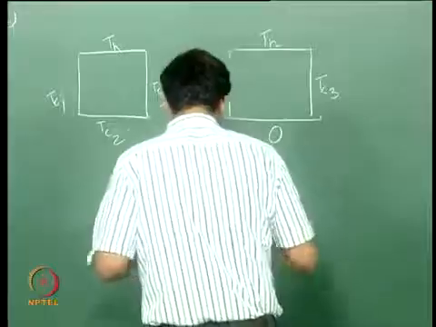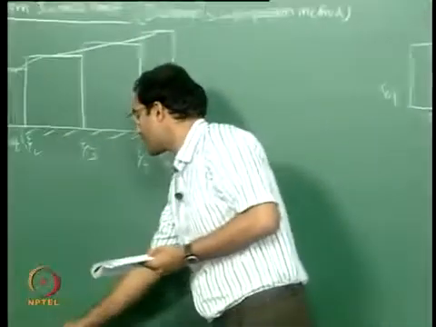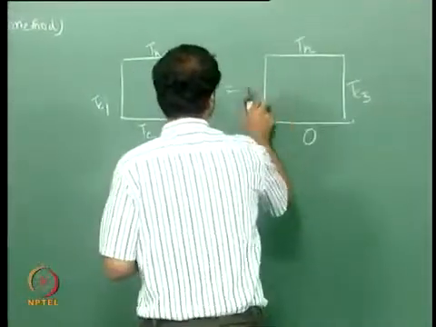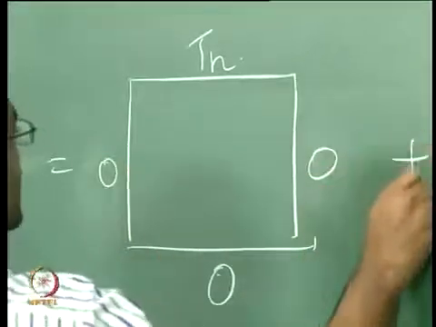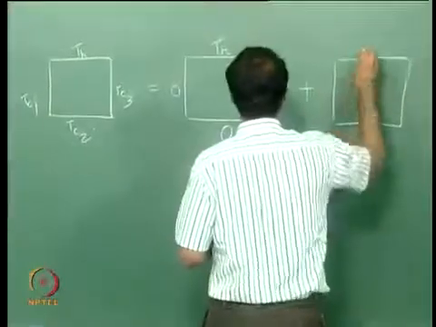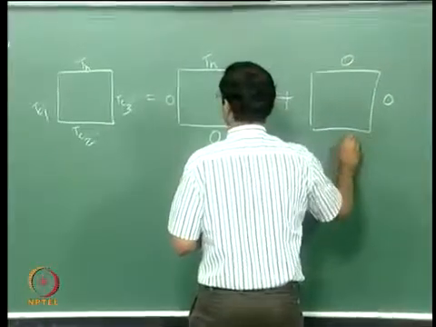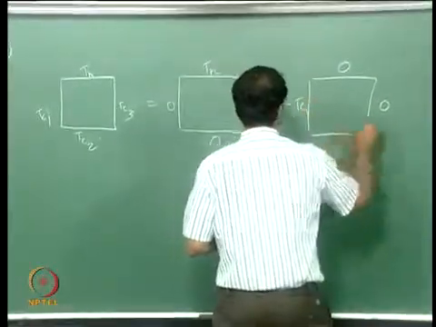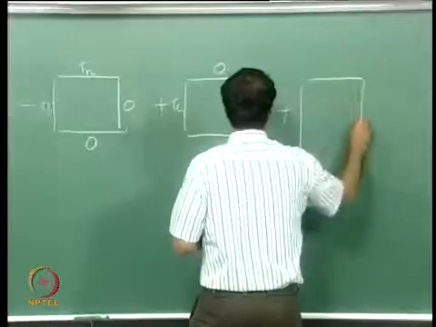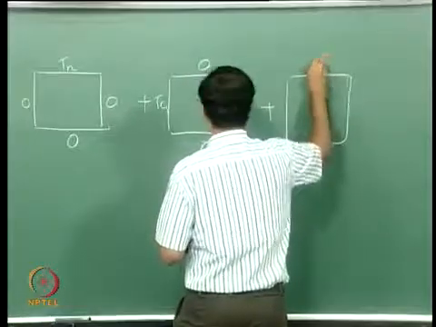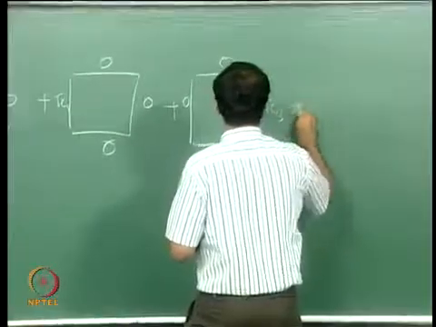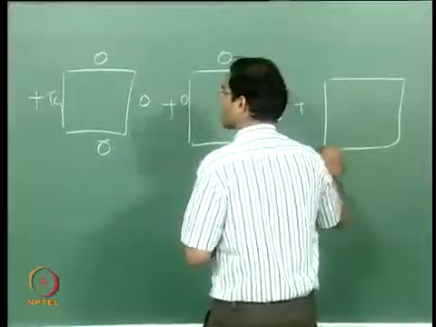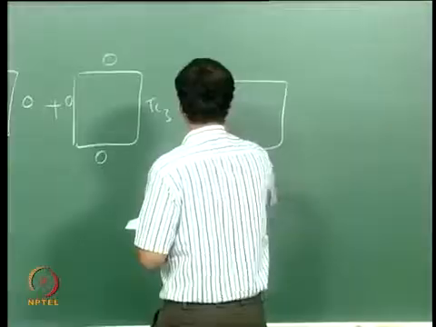Or, if you want to make it completely homogeneous, you can break this as 3 zeros here, plus the other 3 as zeros and this as TC1, plus these 3 as zeros and this is your TC3, plus this is your TC2 and the other 3 zeros.